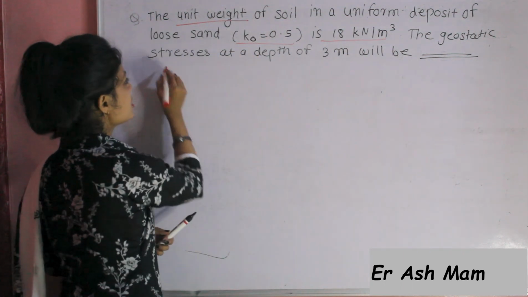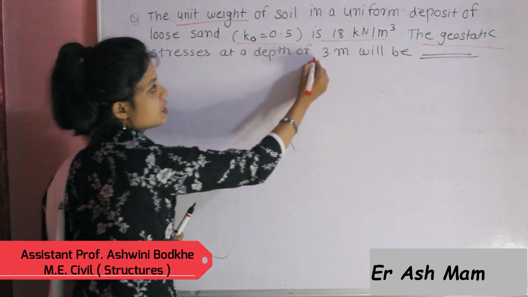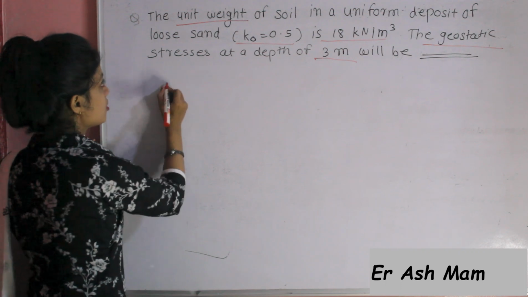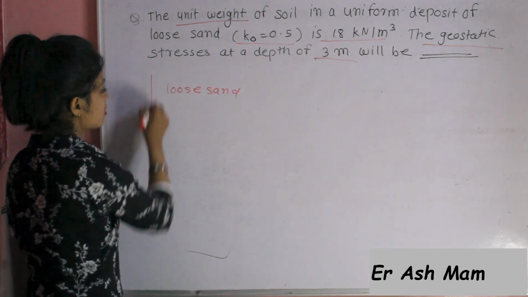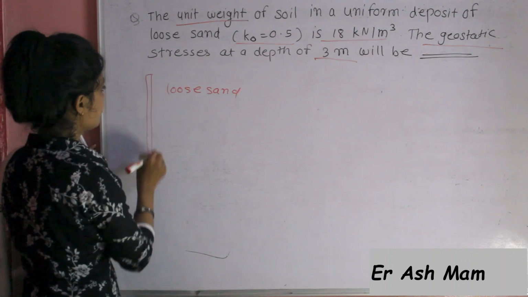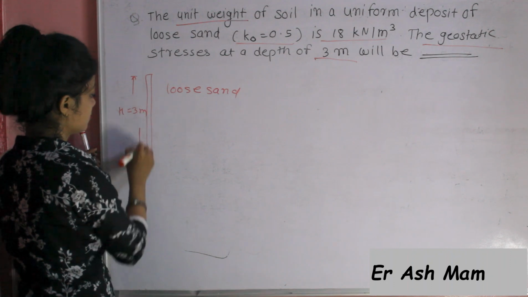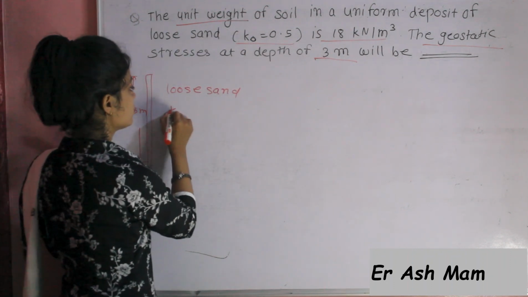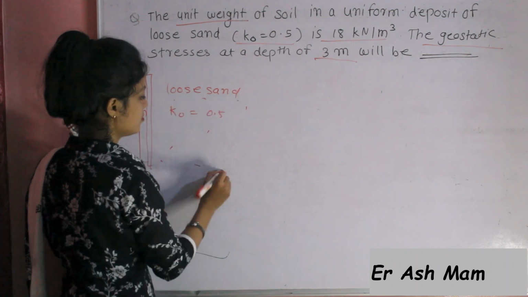The unit weight of soil in a uniform deposit of loose sand with K0 equal to 0.5 is 18 kN per meter cube. The geostatic stresses at a depth of 3 meter will be. Loose sand soil is given. Depth is given, H equal to 3 meter, and coefficient of earth pressure at rest K0 equal to 0.5.